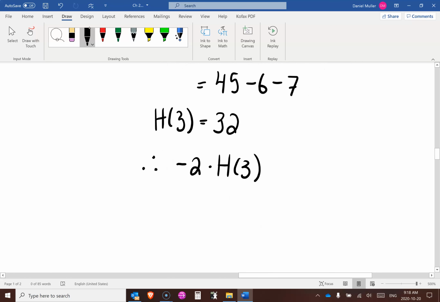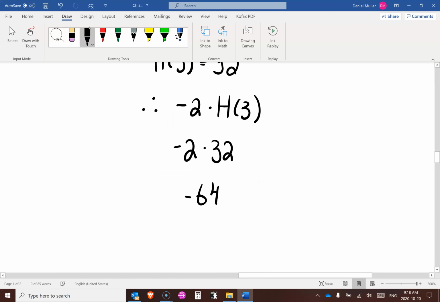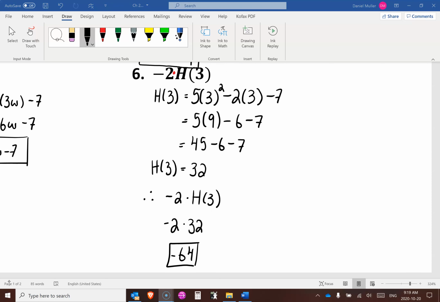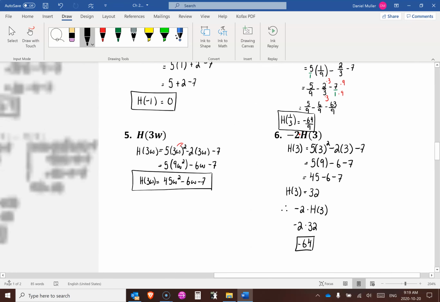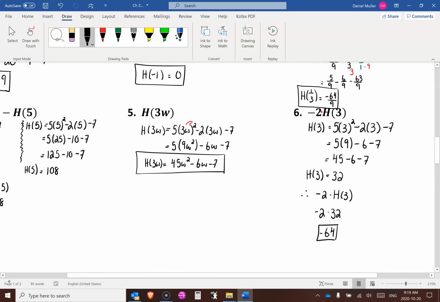Now -2 times h of 3 is -2 times 32, which if you double that is -64. So let me zoom out here, and now you can pause it if you need to take a look at all of this, and then I'll zoom out even more here to see these last 3 questions that we did.